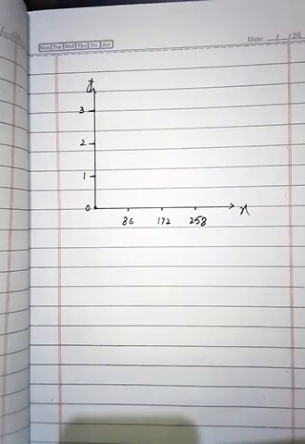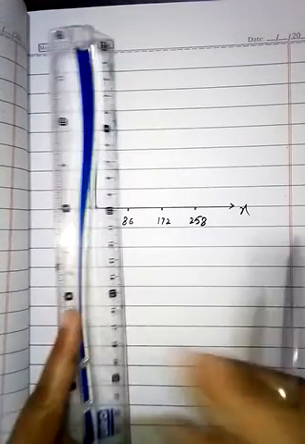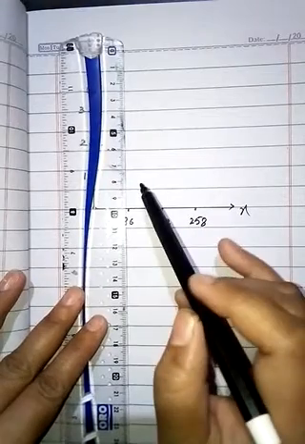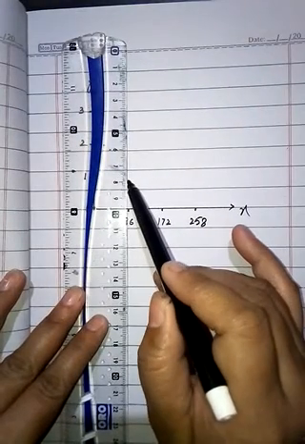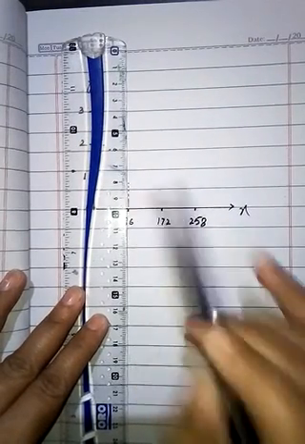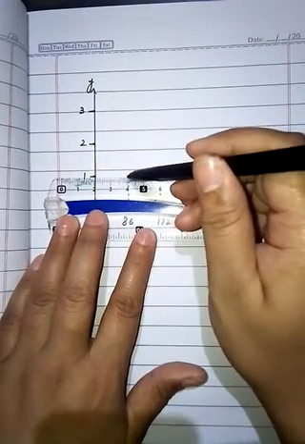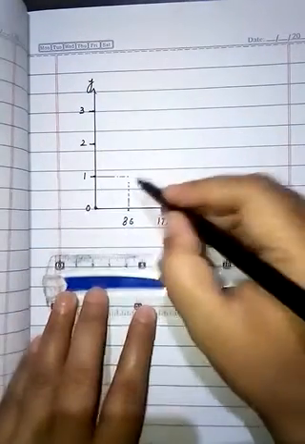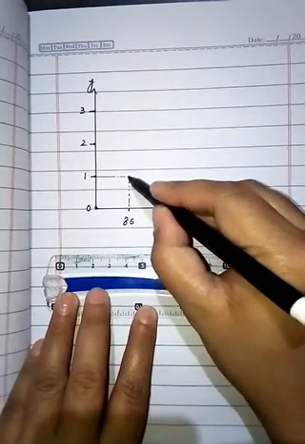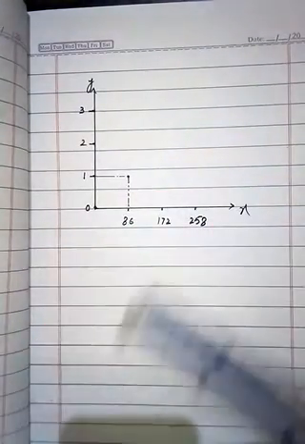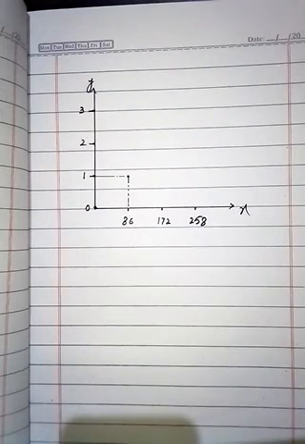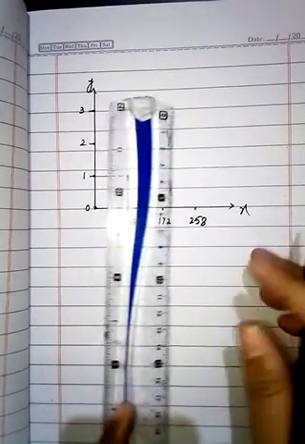Now you have to mark this point. Now at 86 you get the value of y as 1. So you have to draw a dotted line on 86 up to 1. Now both dotted lines meet at this point. Now at x equals 172 you get y equals 2.